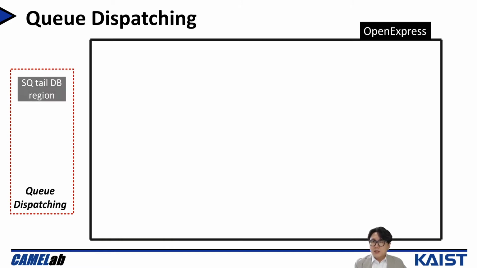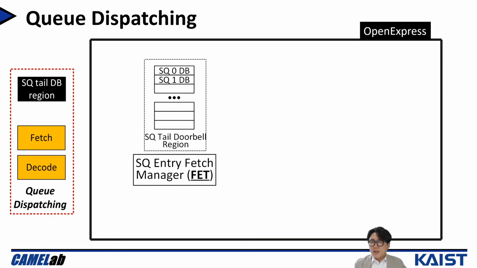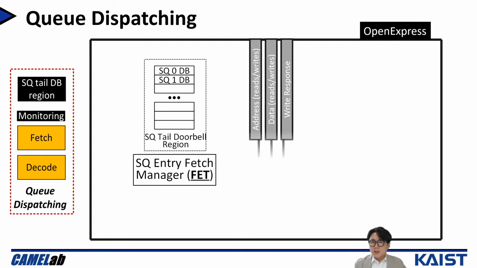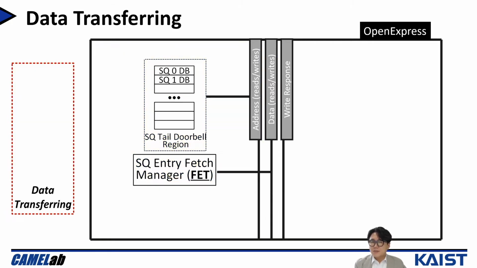For doorbell registers, OpenExpress exposes a set of doorbells called a region to the host. For NVMe command fetching and I/O parsing, OpenExpress allocates an SEFM, standing for SQ Entry Fetch Manager. To monitor an update of the doorbell region, the fetch manager snoops the AXI bus that consists of address, data, and acknowledge channels.